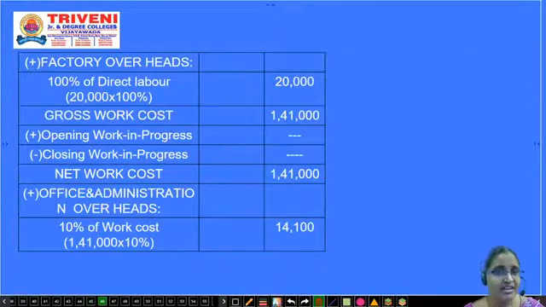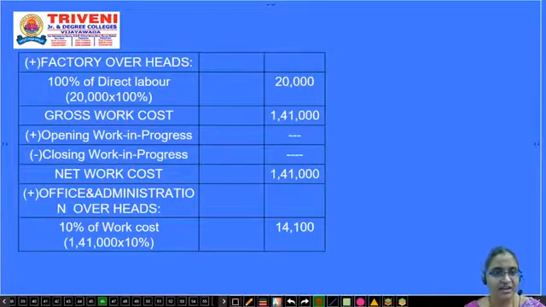Factory overheads is the heading. In the sum, they gave the factory overheads as 100% of direct labor. So direct wages was given in the sum, but direct labor was not given. But wages and labor are similar words, so direct wages is treated as direct labor. 100% of direct labor means direct wages of 20,000 into 100 by 100.